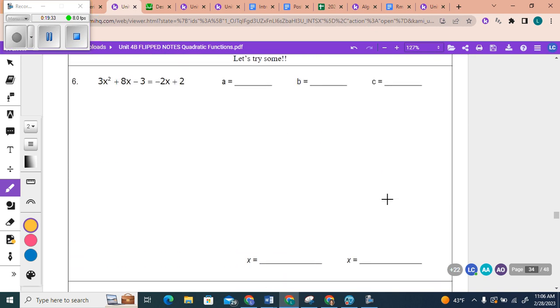Holy moly. This is definitely not standard form. Not even close. What do I have to do? Alex, do you want to talk to me, or should we just make awkward eye contact?